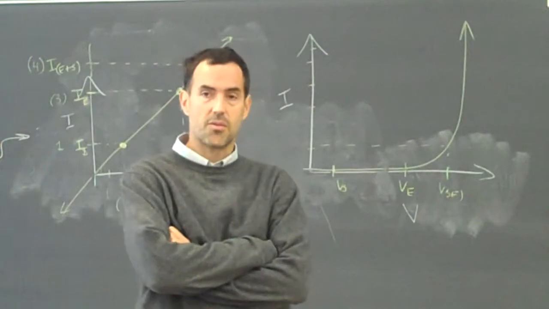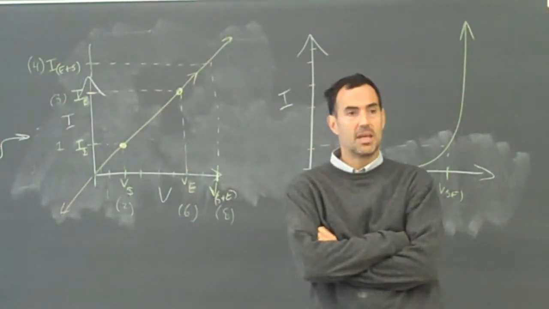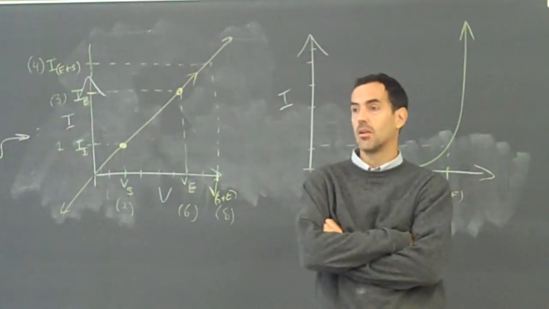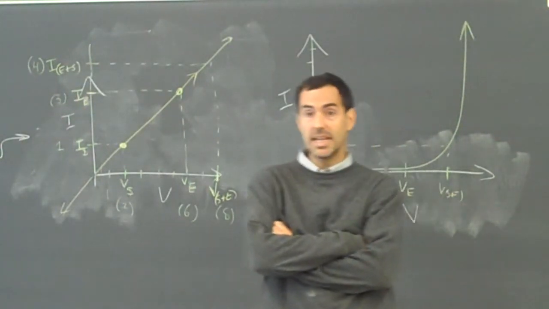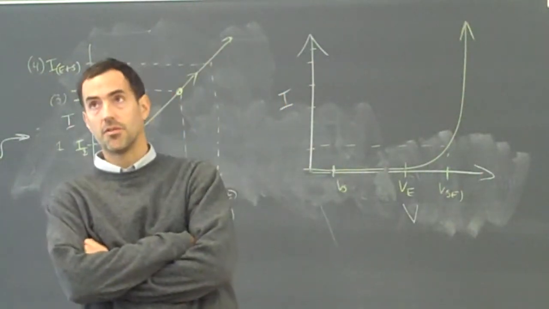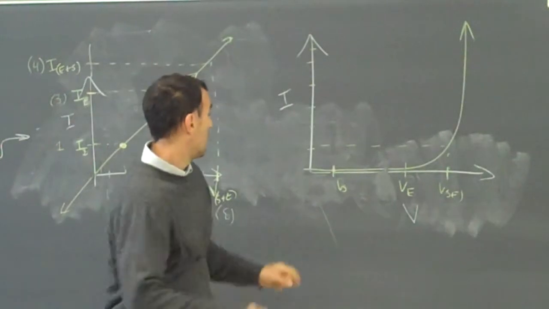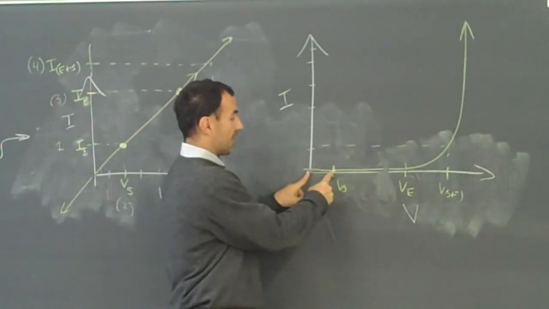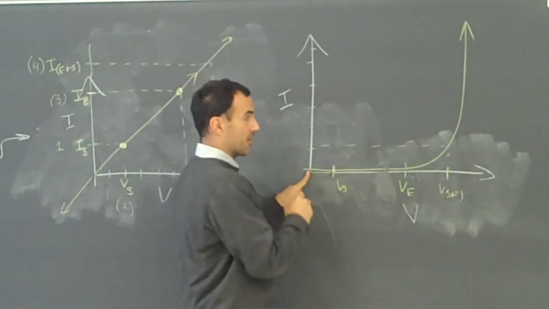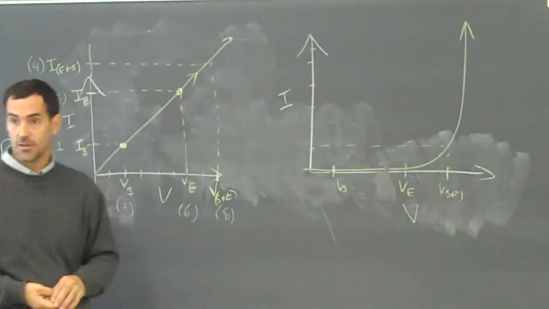There's a temptation sometimes to think that linear means straight line. No. Linear, we're using in this context to mean if I double the voltage, I get to double the current. Linear means if I add the effect of VE plus VS together, those combined effects give me the correct answer.